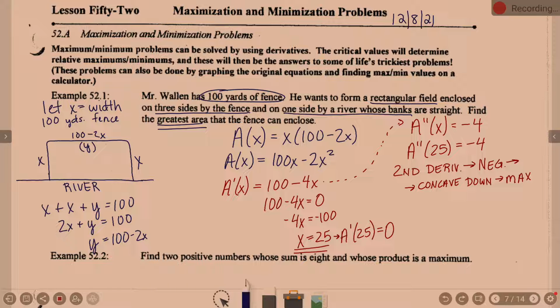Plug it into the area equation. Plug it into your original equation. So you're trying to find the area when x equals 25. So plug it into one of your original equations there.